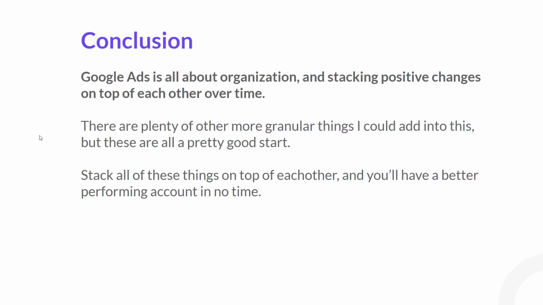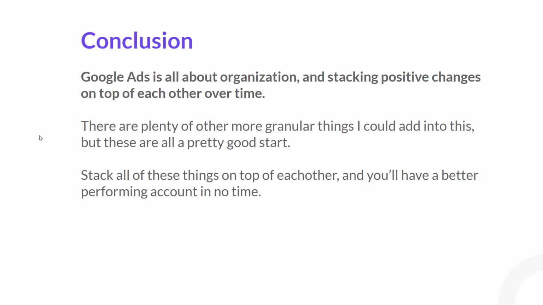So that's pretty much it for this video. A little bit of a longer one, ran a little longer than I wanted to go, but in conclusion, like I've mentioned a couple times in this video, Google Ads is all about organization, relevance to the customer, and stacking those positive changes on top of each other over time when it comes to optimization, and making your account perform better and better.